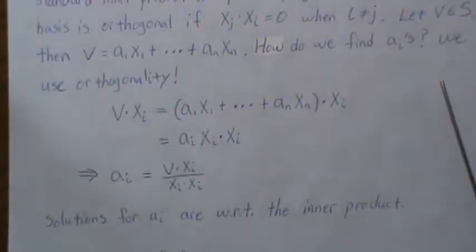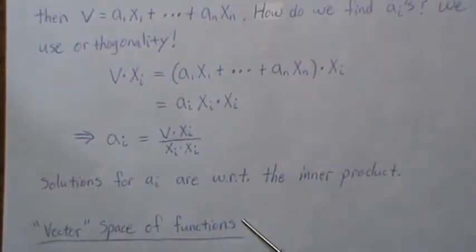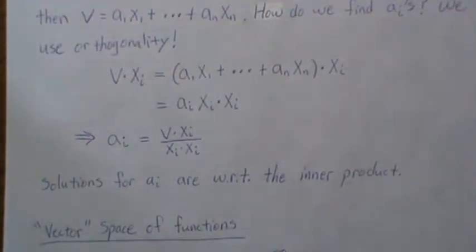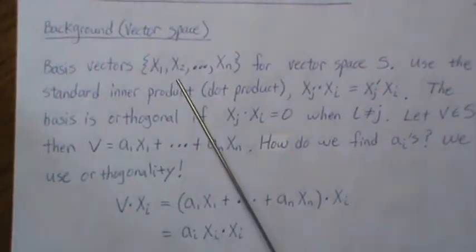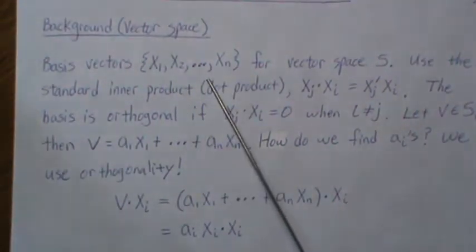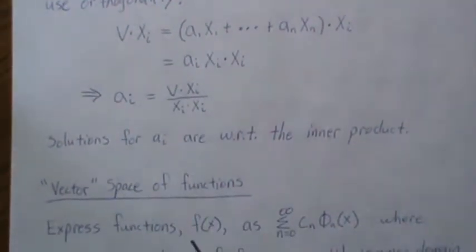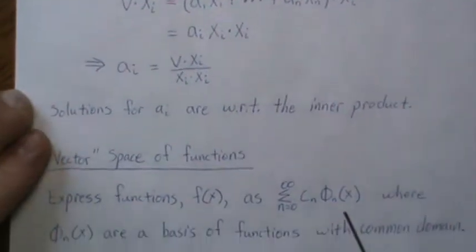Okay, now let's move on to Fourier series. We're going to create a vector space, vector in quotes, of functions. Instead of vectors, we're going to create a basis of functions such that we can express any function in our space as a linear combination of our basis functions.